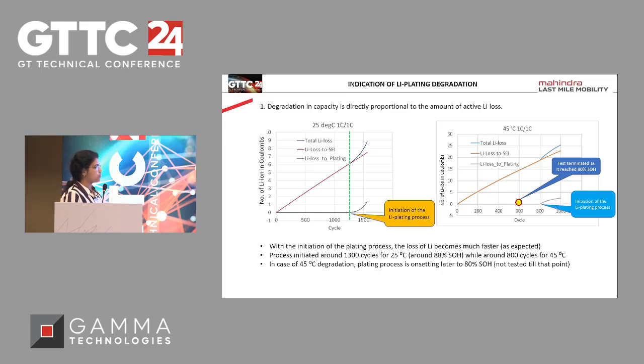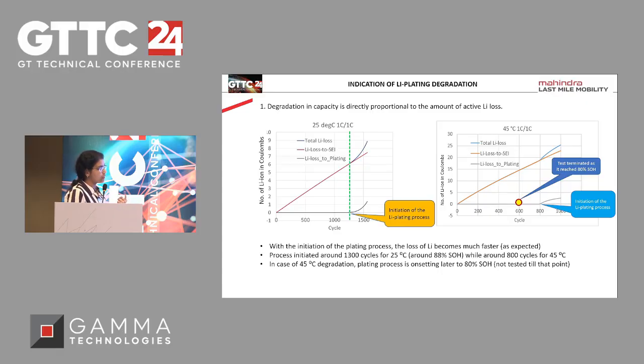Here we see that in this case both the ACI and the lithium plating degradation modes are active, but in the initial phase only the ACI formation plays its role, till around 1200 to 1300 cycles. After that the lithium plating loss sets in, the loss of lithium goes very fast, and that adds to the faster loss of capacity.